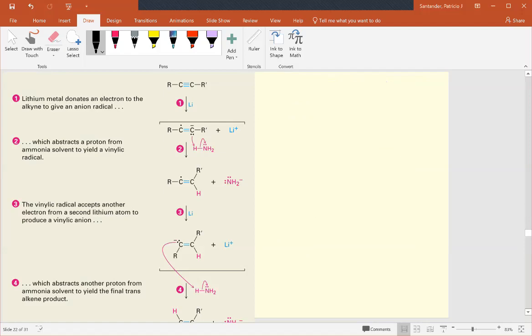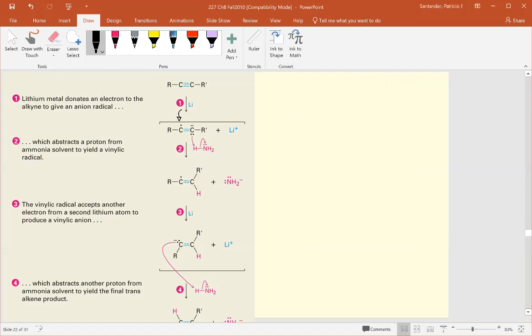And here we have the mechanism for the reduction with lithium in ammonia. A pair of electrons of the alkyne will react with lithium. That means lithium is providing one electron to the carbon atom here.